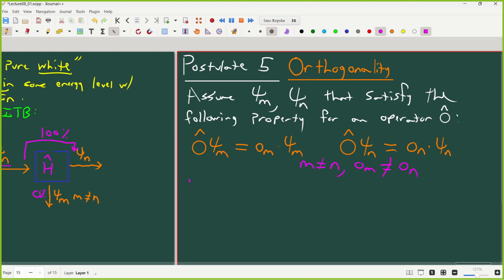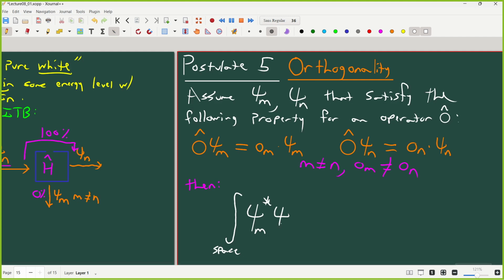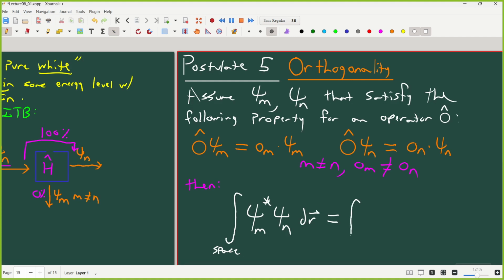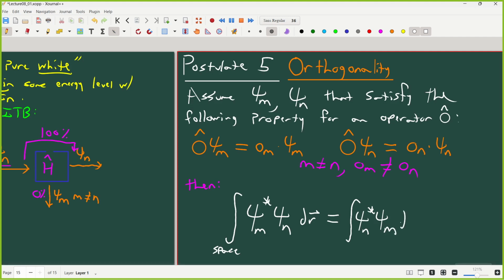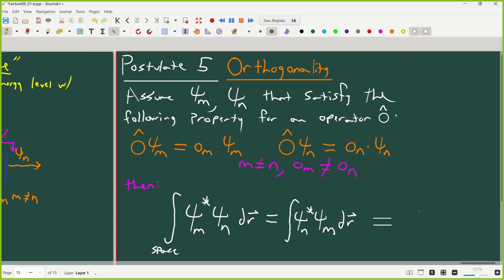All right, then what is satisfied always is that the integral over all space of your system of psi m complex conjugate psi n dr is equal to the integral of psi n psi m dr. So they're equal to each other when we swap the order that we evaluate the wave functions in, and this is equal to 0.